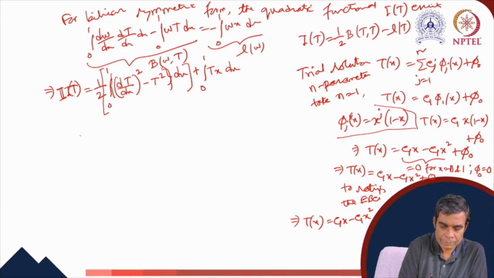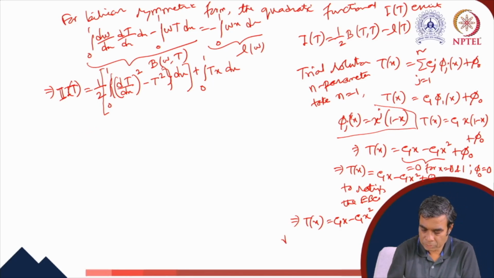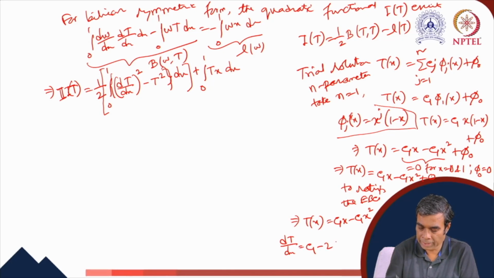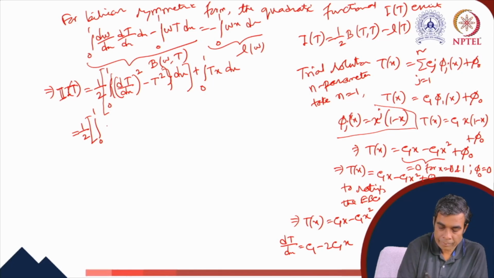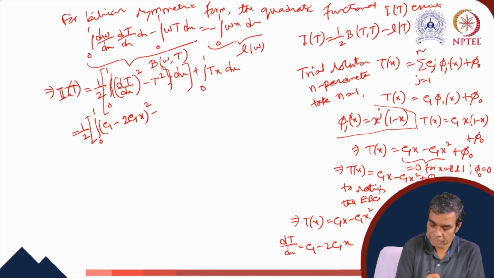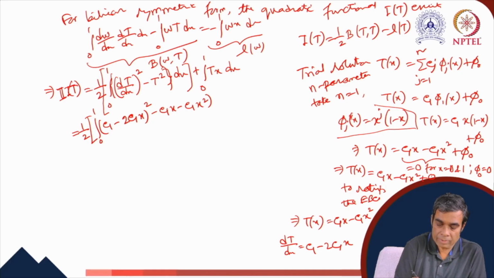So now from here we can calculate dT/dx equals C1 minus 2C1x. When we substitute this, we find half integration 0 to 1 of (C1 minus 2C1x) whole square minus (C1x minus C1x square) whole square.